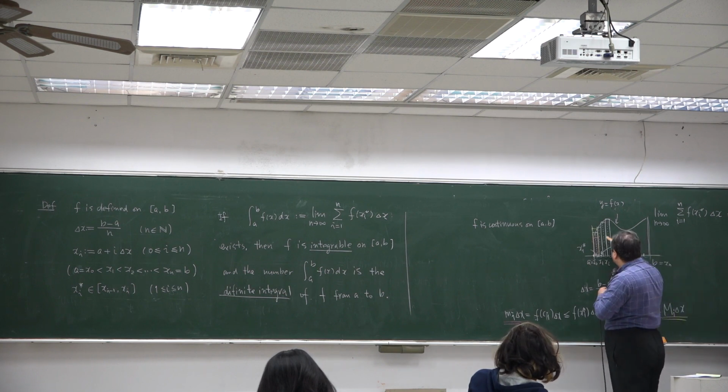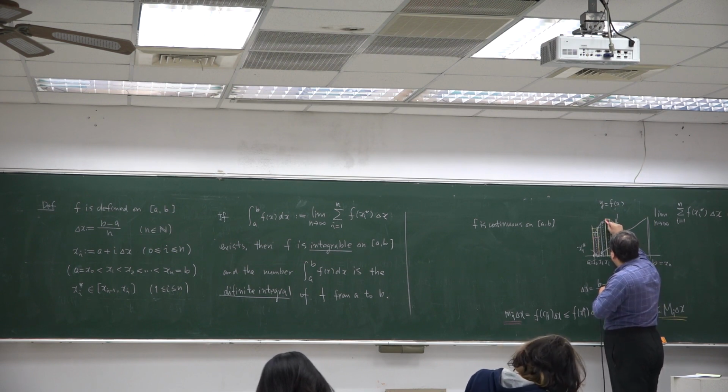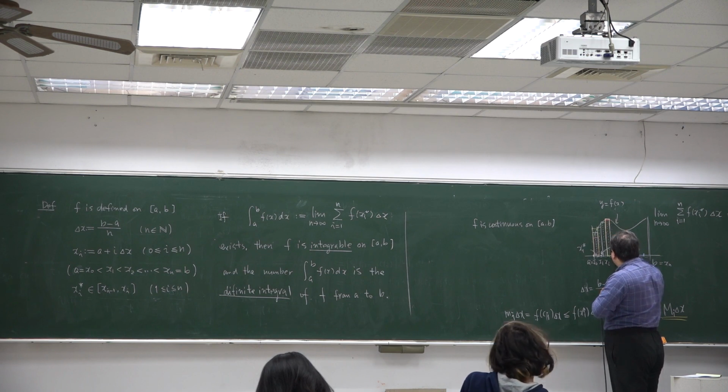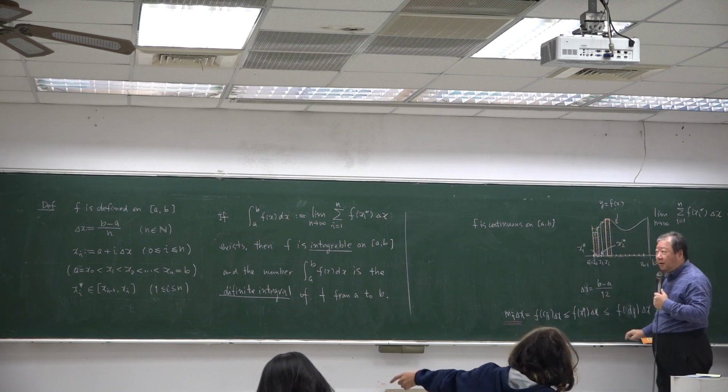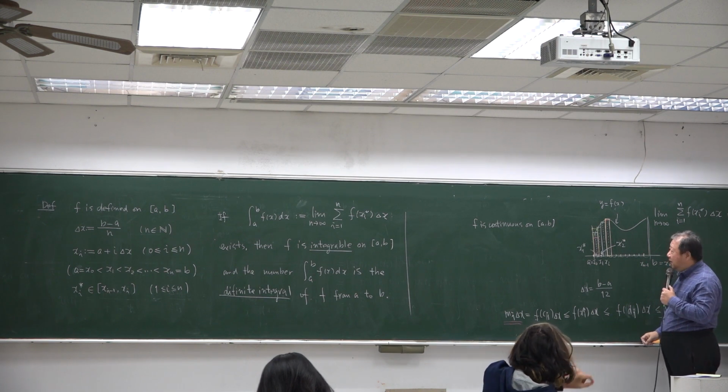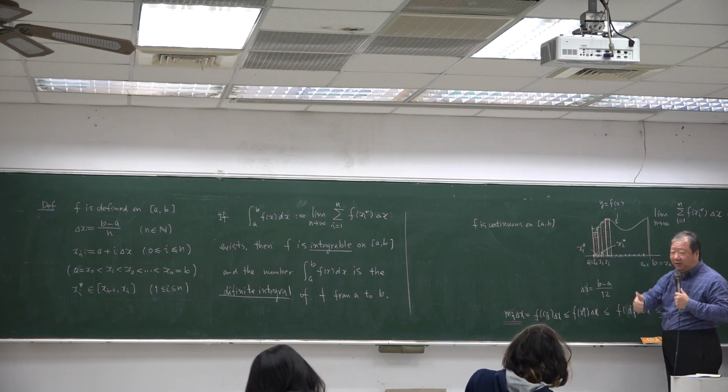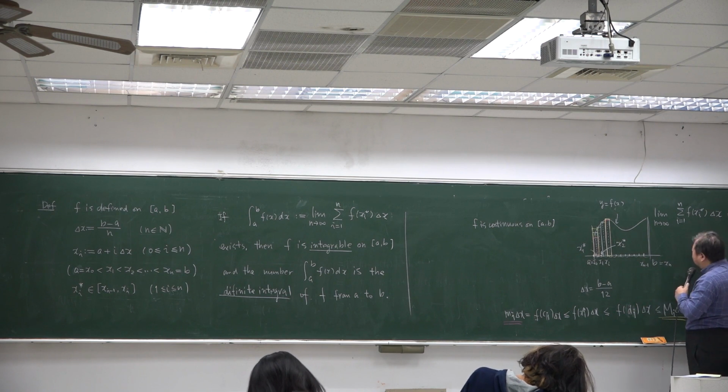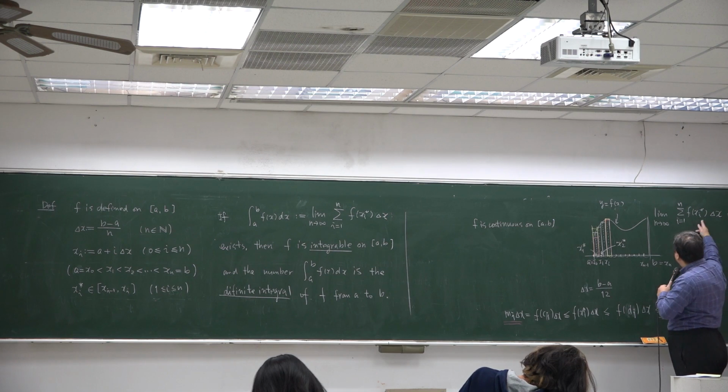This can be done similarly for each i. We can consider this for each subinterval. On each subinterval, the minimum will be here. As long as it's continuous. Usually you find it hard to believe that for any possible choice of sample points, it can converge to the same number.